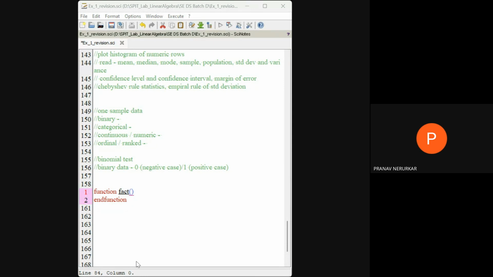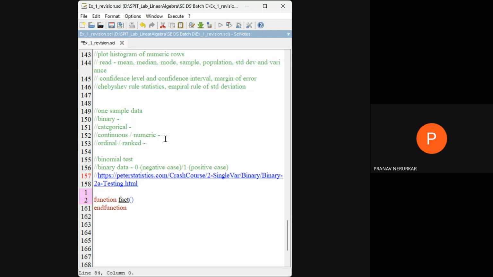The formula for this binomial test is given here. This mathematical formula can be implemented in Scilab. So this formula has three parts. One is the calculation of factorial.